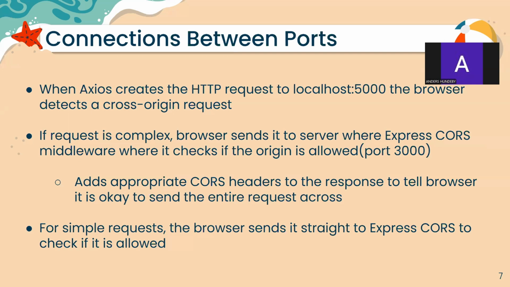If it is from the client, and we do want that, then CORS will add the appropriate headers to the response to tell the browser that it's okay to send the request through. But for simple requests, the browser will just send it straight through, and then CORS at the server will check whether it's allowed. So the main difference is that for complex requests, it checks before the request is sent, and for simple ones, it checks at the server.